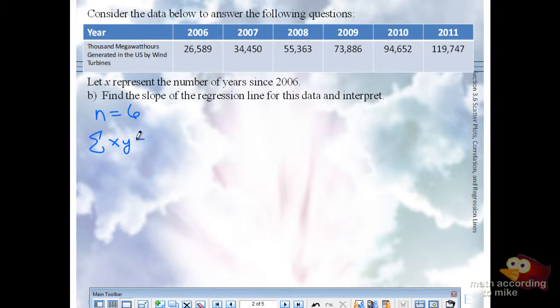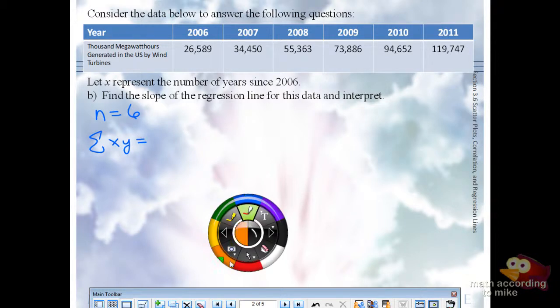Sigma xy is the corresponding product. Keeping in mind, since x is the number of years since 2006, this is really 0 here, this is really 1, 2, 3, 4, 5. So sigma xy, I think we got 1,344,177.